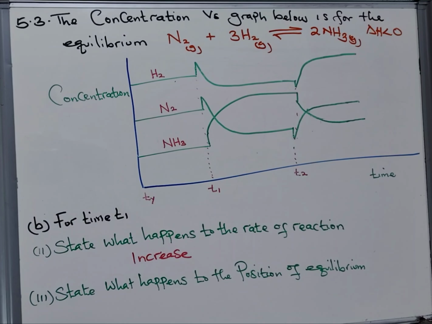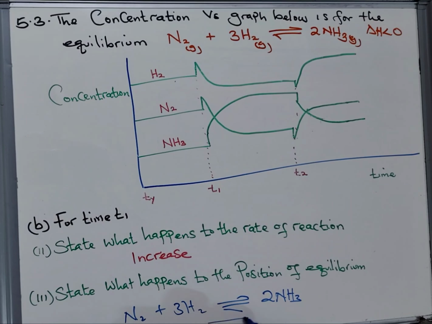Then comes this question. It says state what happens to the position of equilibrium. To answer this question, you need to have the equilibrium. We're having N2 + 3H2, giving you that. And we said pressure is increased.